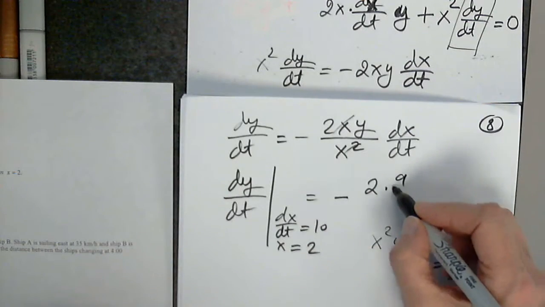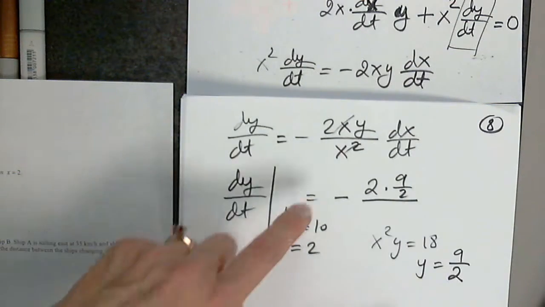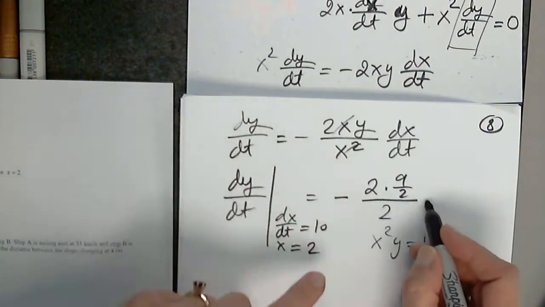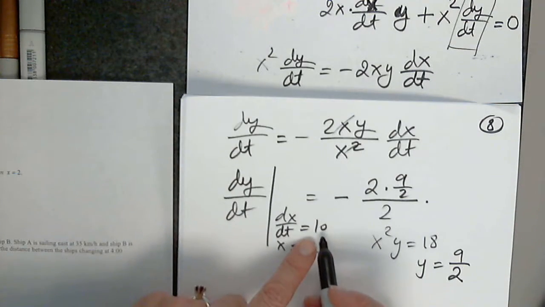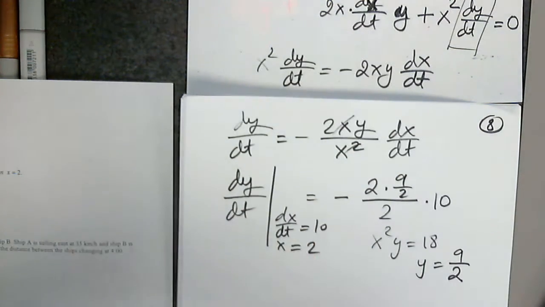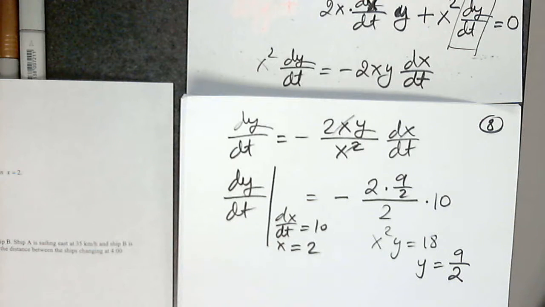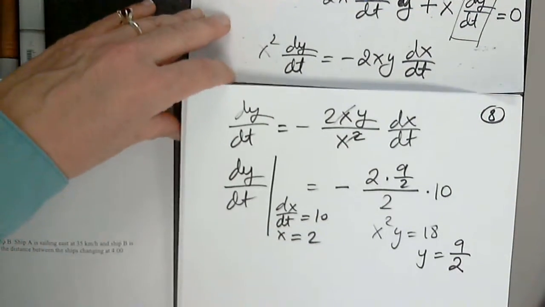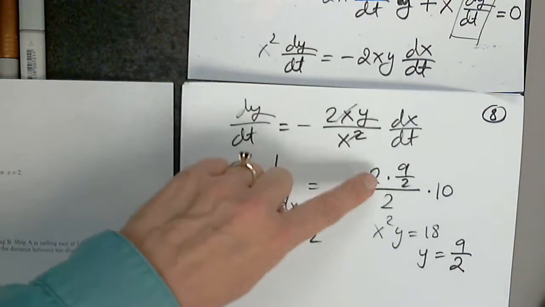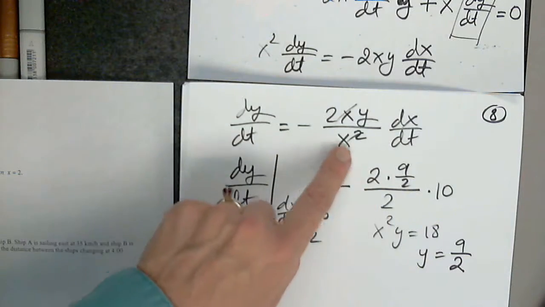So 9 divided by 2, everything divided by x, which is 2, and everything multiplied by dx over dt, which is 10. Let's look at this for a second. Any questions? So I copied negative, I copied 2, I copied x in the denominator, which is 2.